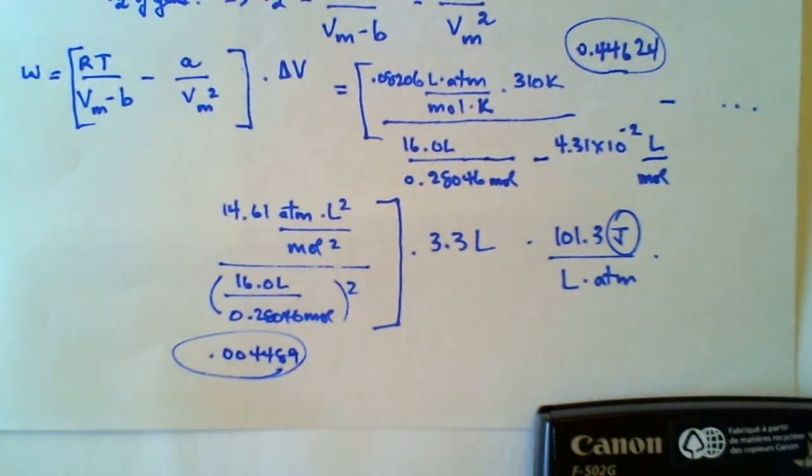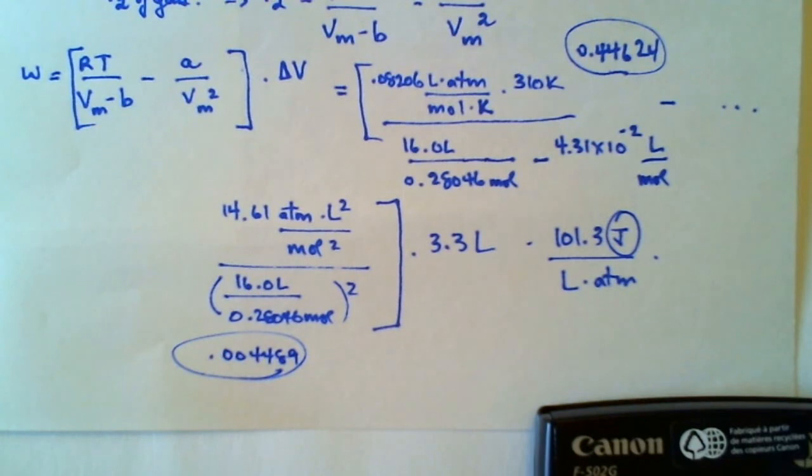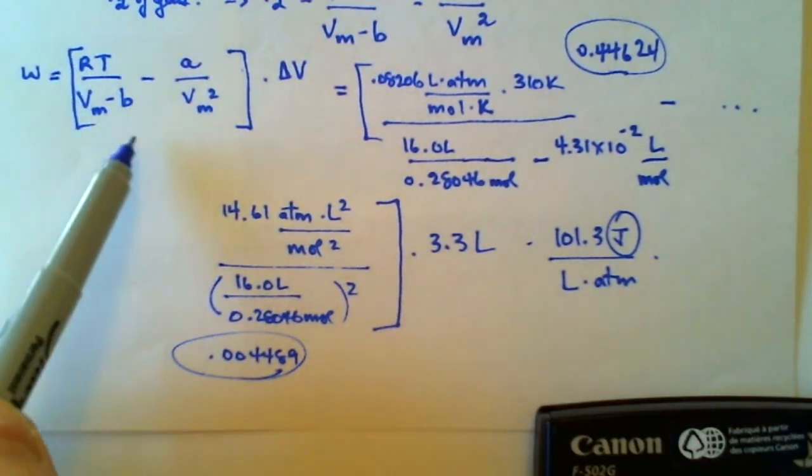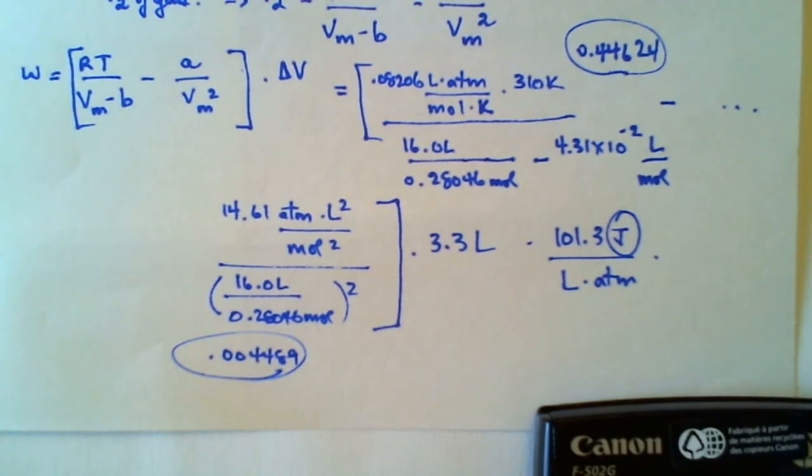Okay, so now I've got my two terms inside my square brackets. So I'm going to make this, which is still in the calculator, a negative value and add it to 0.44624. So my term now inside the square bracket is 0.44175.